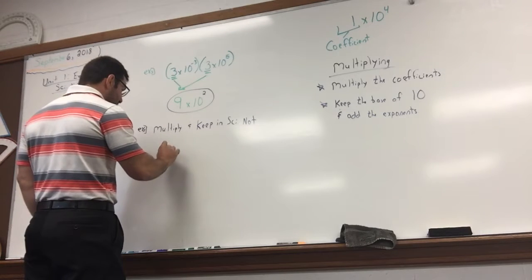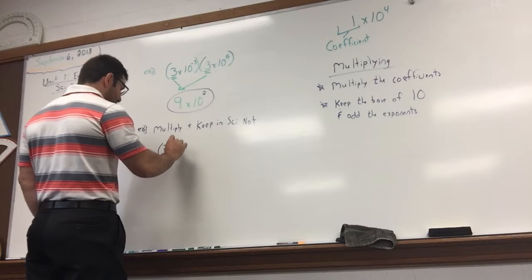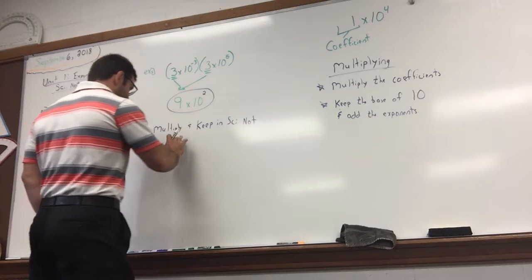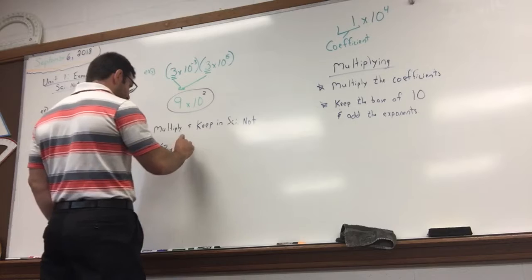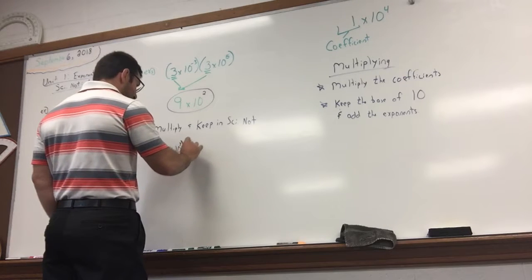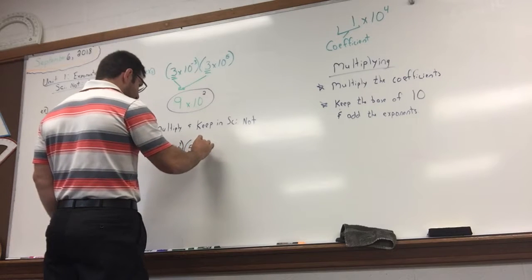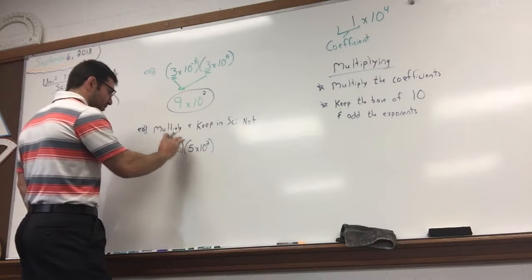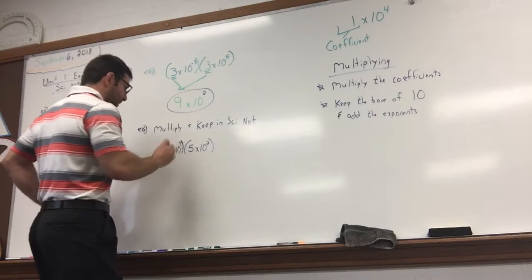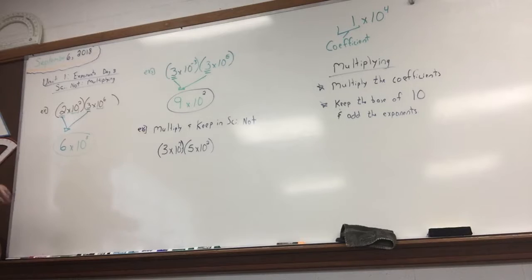Let's go 3 times 10 to the 7th times 5 times 10 to the 2nd. So 3 times 10 to the 7th times 5 times 10 to the 2nd.